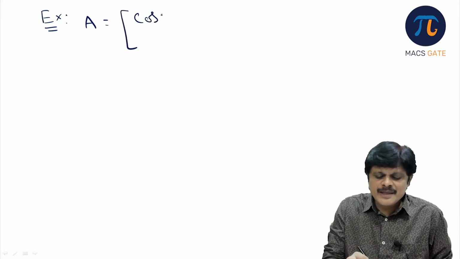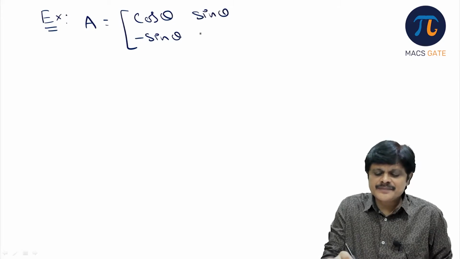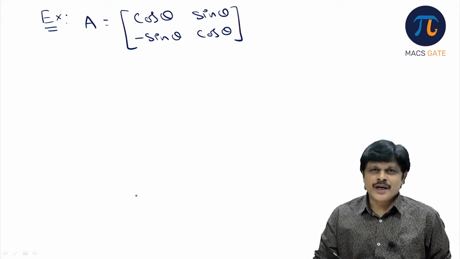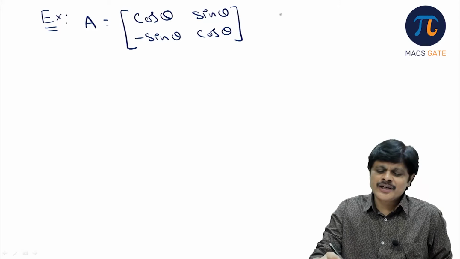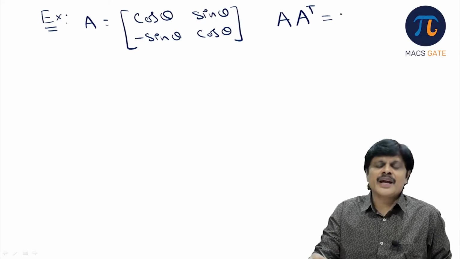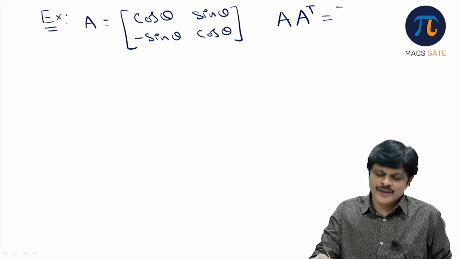This is the matrix A: cos theta, minus sin theta, sin theta, cos theta. You want to check whether it is orthogonal or not. How to check? One method is to take A transpose, multiply them, and check whether it is identity or not.